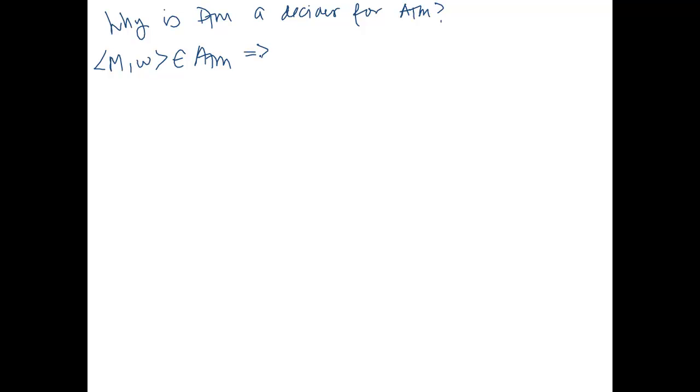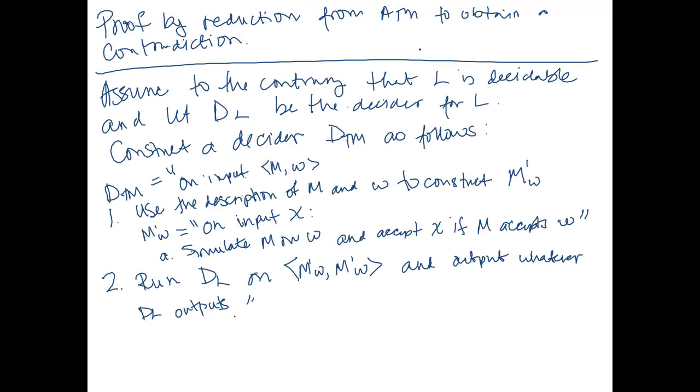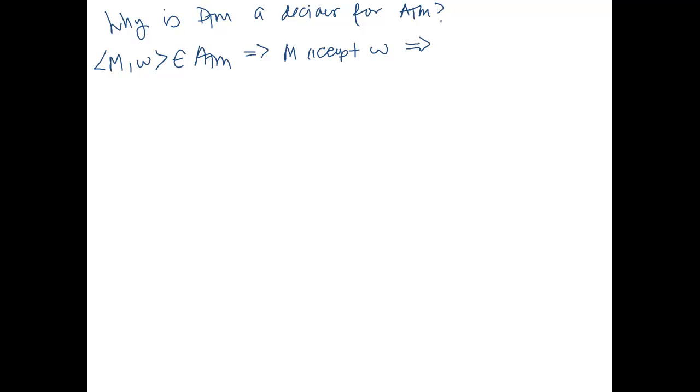This is going to imply that M will accept W by definition of ATM. Okay, then what happens? When we construct M prime W, if M accepts W, M prime W accepts everything. So then the language of M prime W is sigma star. It's every string over the alphabet.